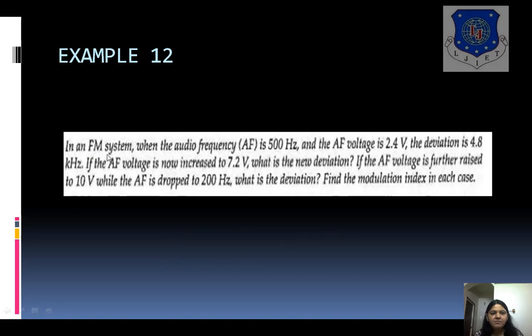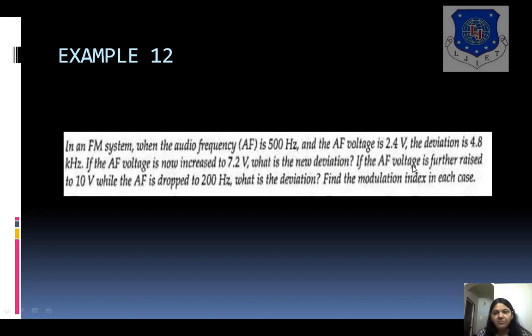Example number 12. In an FM system, when the audio frequency is 500 Hz and the audio frequency voltage is 2.4 volt, the deviation is 4.8 kHz. If the AF voltage is now increased to 7.2 volt, what is the new deviation?